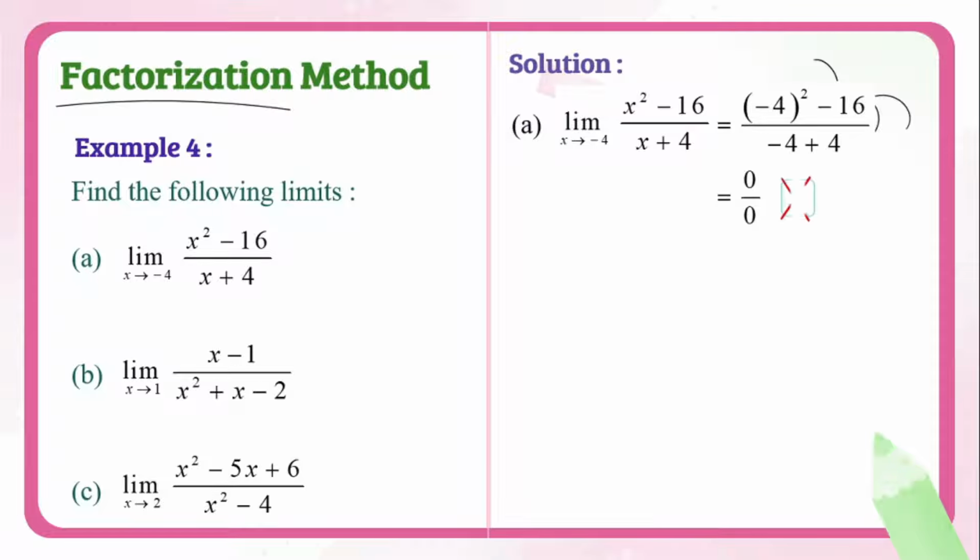Please remember, this question is not wrong. What you need to understand is that this limit, which is an indeterminate number like in this example, is said to be an indeterminate form. So, what is an indeterminate form?